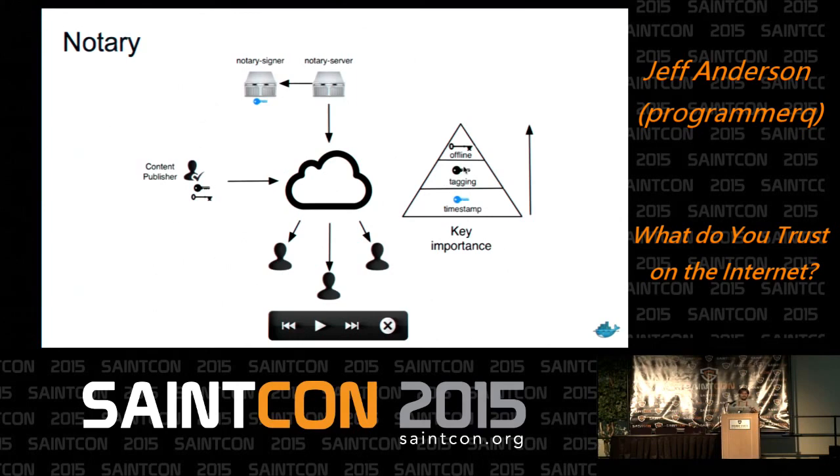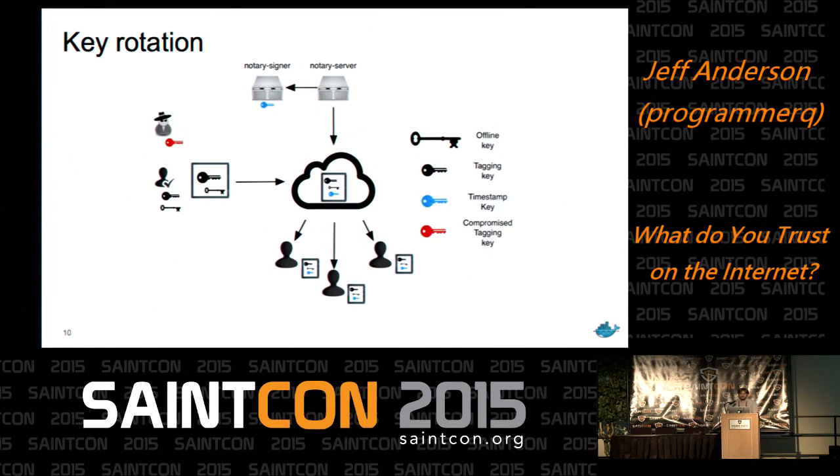So as the content publisher, I can assign other tagging keys to my other developers, and anyone I want to be allowed to sign data, I can give them a tagging key and keep the root key safe. And then the end users can verify my content based on the key that it was signed with.